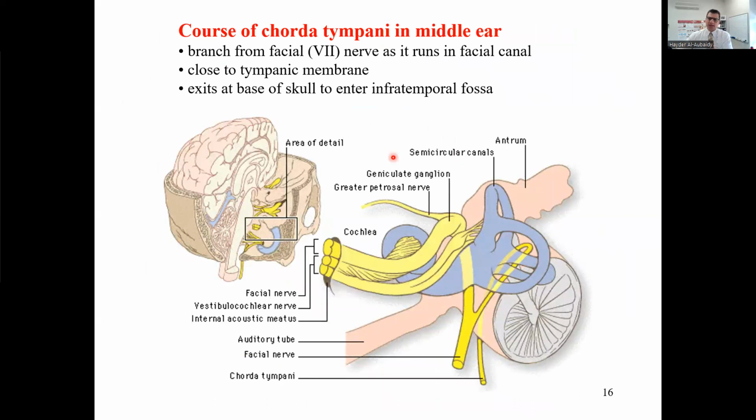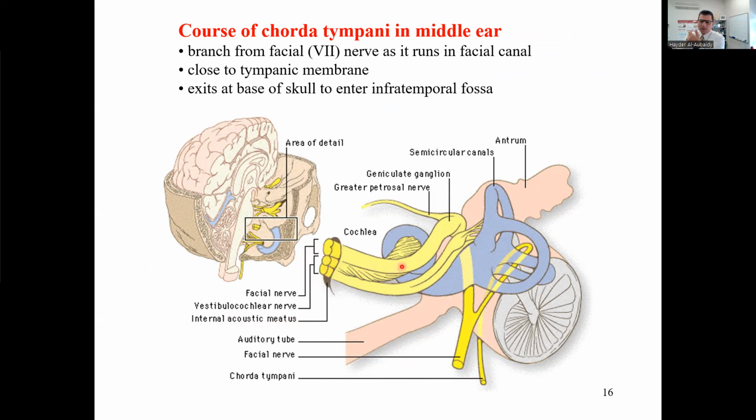Okay, now let's discuss an important branch from the facial nerve. Previously we said that both the facial nerve and vestibulocochlear nerve will enter the skull via the foramen called the internal acoustic meatus or internal auditory meatus.